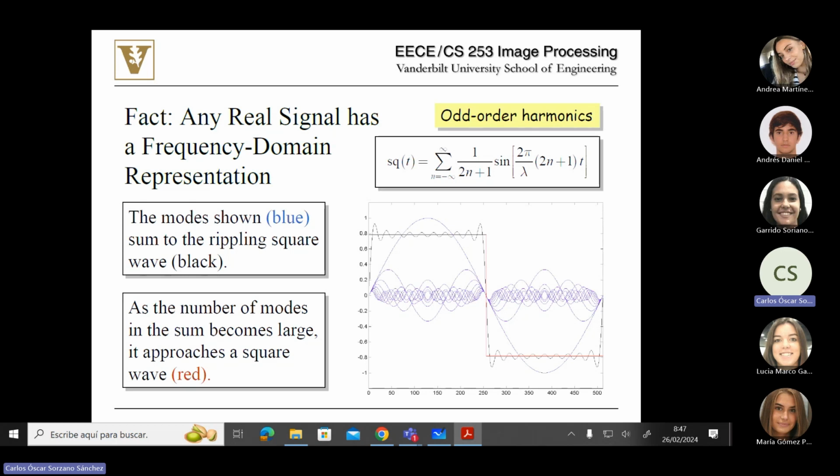There are problems at the discontinuities. So when the input signal is discontinuous, there will be these marks here. How are they called? The Gibbs effect. Okay, so this is the Gibbs effect. And that's it.